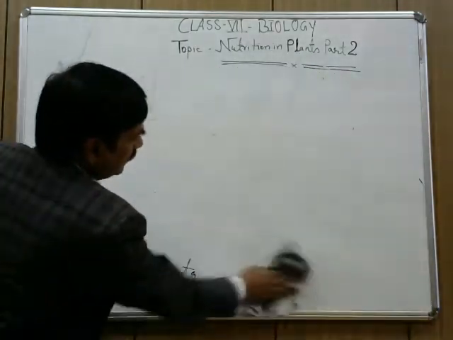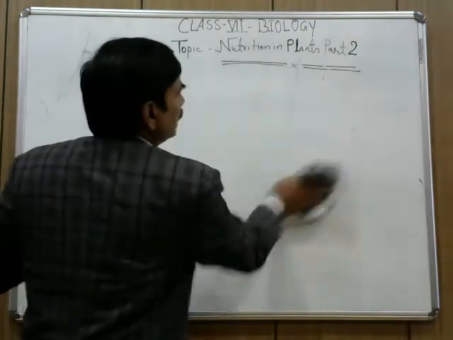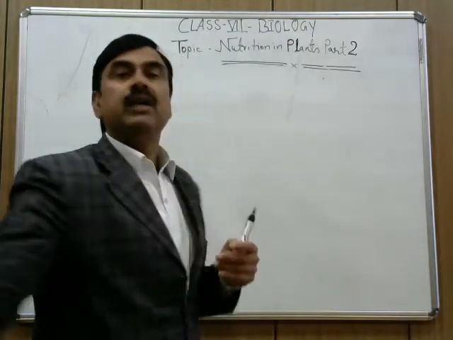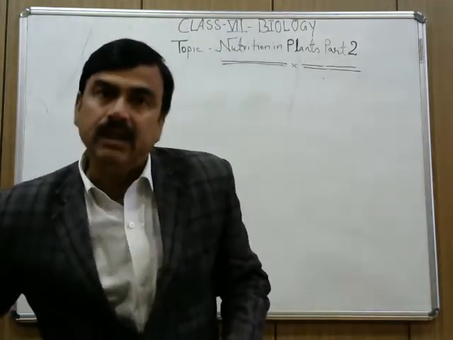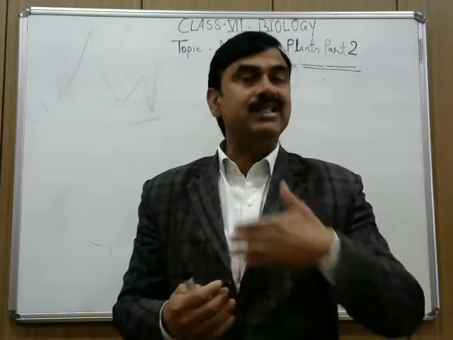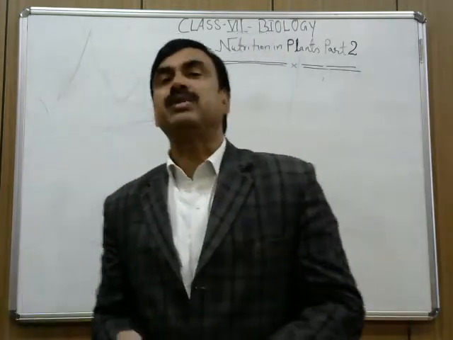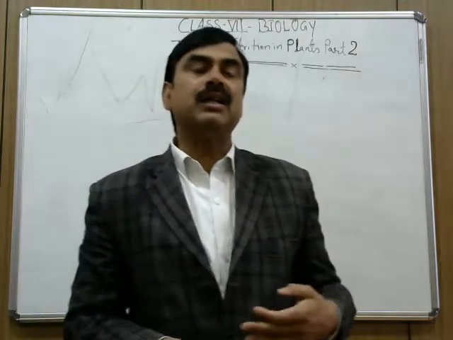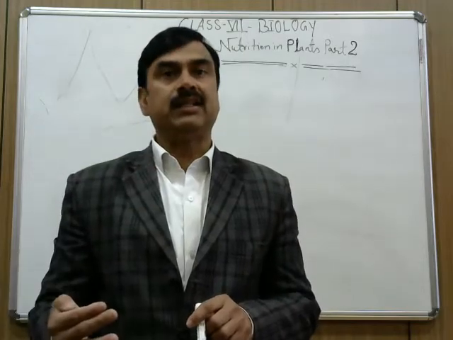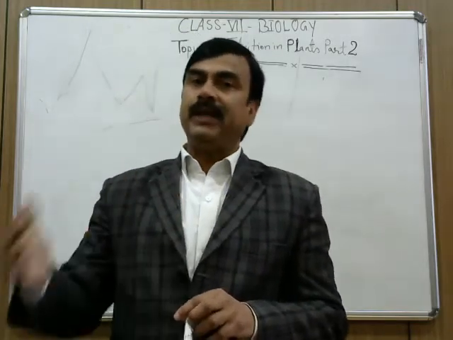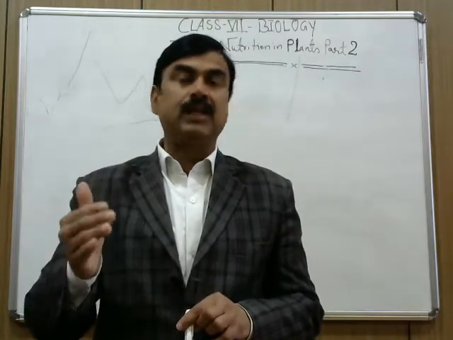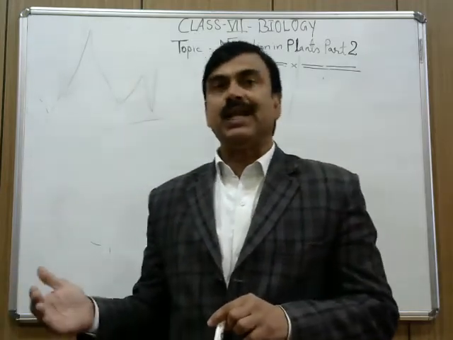For the recapitulation, I am again going to tell you the structure of leaf, the structure of stomata, and in the structure what is the importance of these cell organelles, and what is the importance of stomata. So in today's lecture, for the structure of leaf, you have to understand what chlorophyll is, where it is located, what the stomata are, where they are located, and what the inner structure of the leaf is: upper epidermis, lower epidermis, and mesophyll.